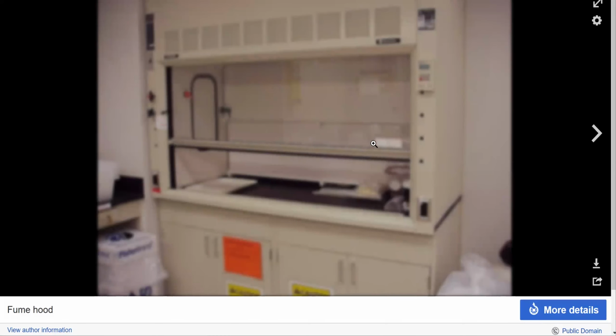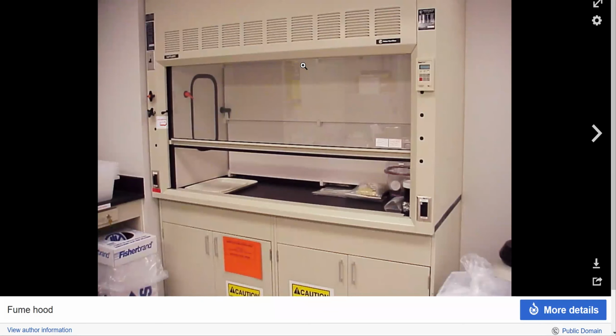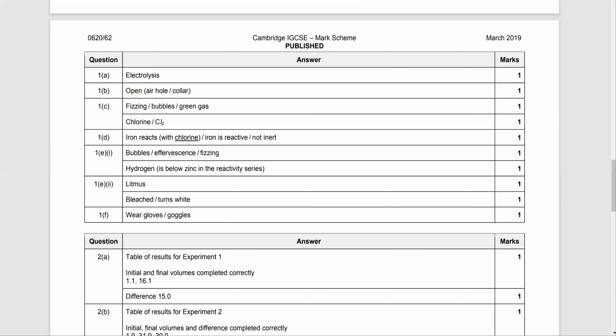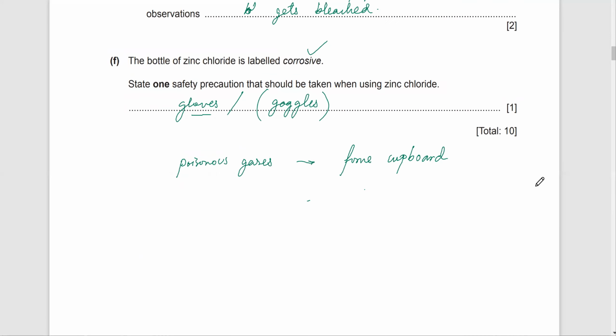It's just a glass so that no gases come out if the gases being produced are poisonous. So just a few of the safety precautions. They've accepted goggles over here. So you just have two safety precautions. That's pretty much it.